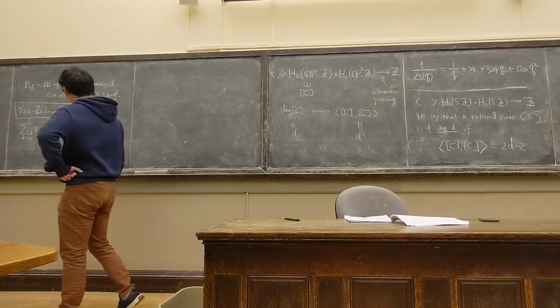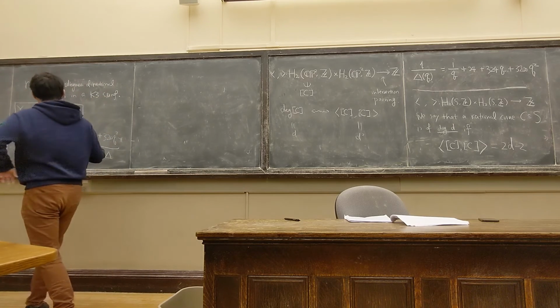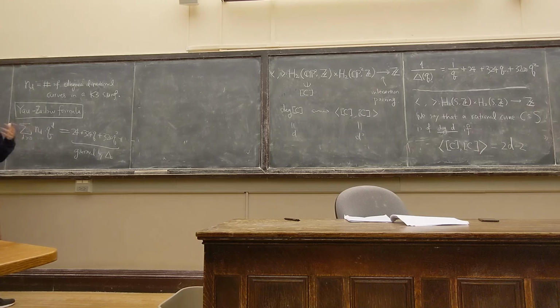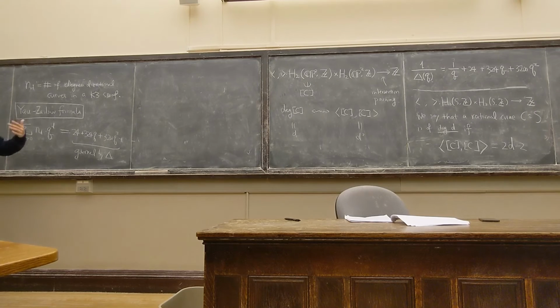But the option is that, well, this is always a question of how to interpret the things predicted by physicists. They wrote down this formula, and then mathematicians try to interpret this, and there are a few layers.